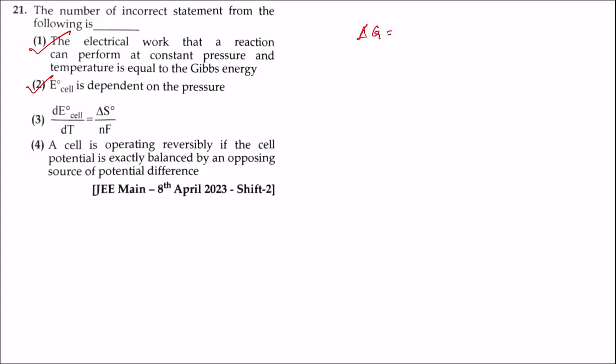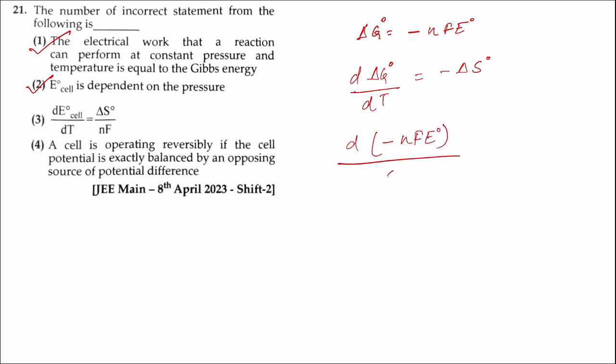Delta G is equal to minus nFE naught. d delta G naught by dT is equal to minus delta S. Putting the value of delta G, d of minus nFE naught by dT is equal to minus delta S. This can be written as minus nF dE by dT is equal to minus delta S naught.